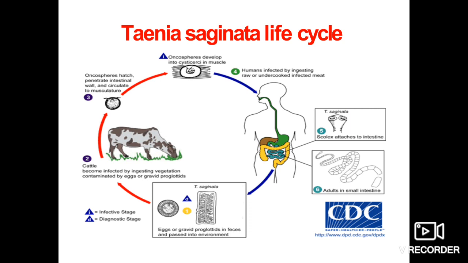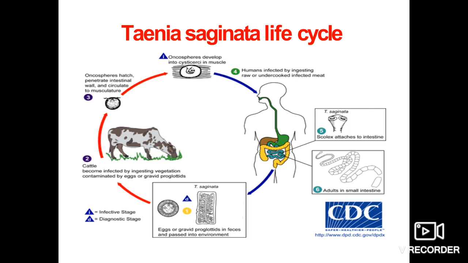If we start from the second step, you can see in the diagram. Similarly to the previous life cycle, the infective and diagnostic stage is the same. The embryonic membranes are removed after that stage, liberating free hexacanth larvae.